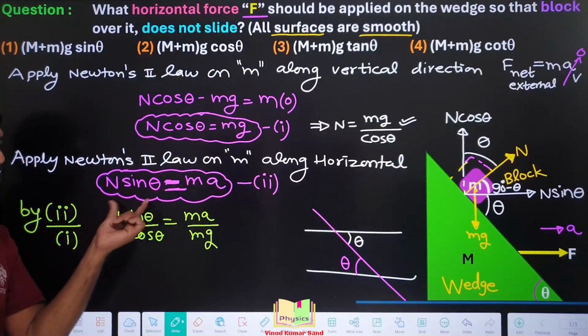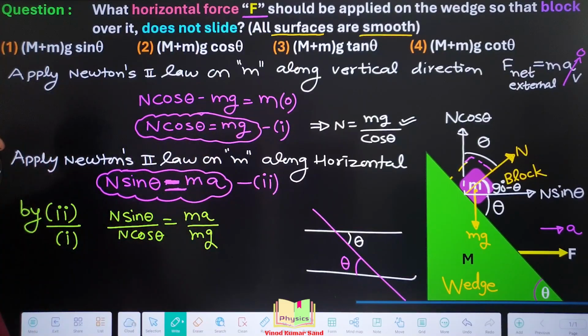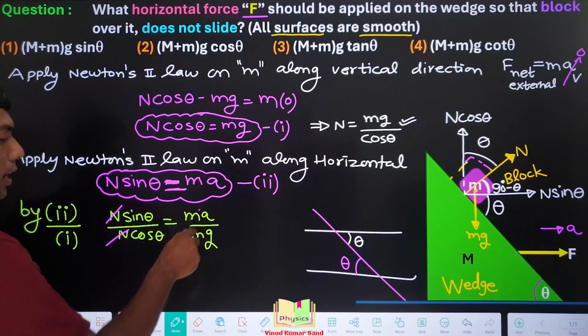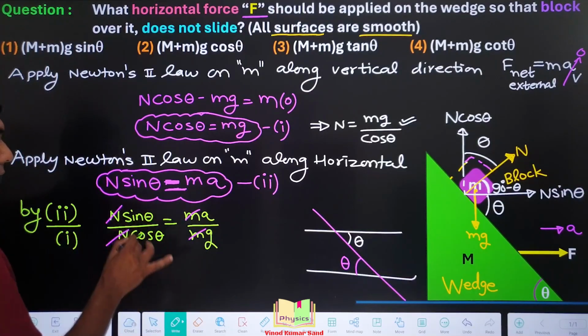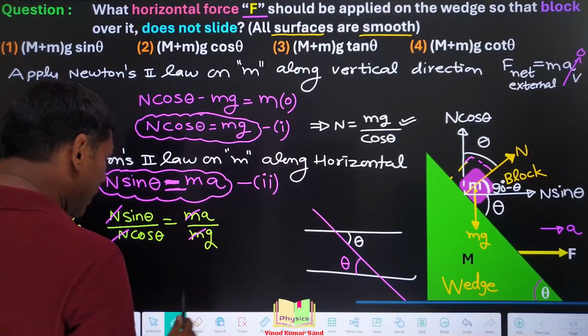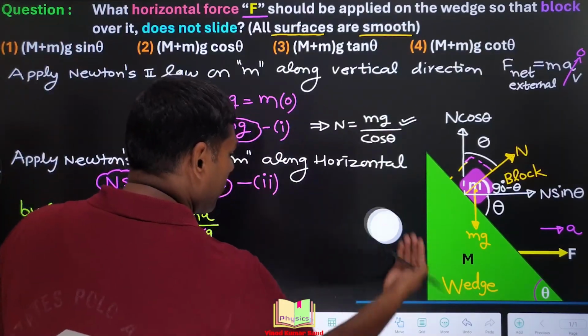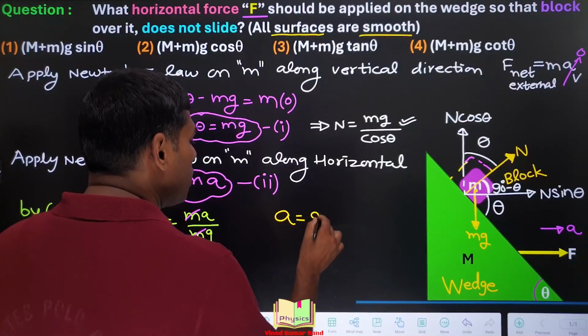Equation 2 is N sin theta equal to ma. Equation 1 is N cos theta is equal to mg. When you divide them, N gets cancelled out, m and m get cancelled out. Sin theta by cos theta is tan theta. So A comes out to be g tan theta.